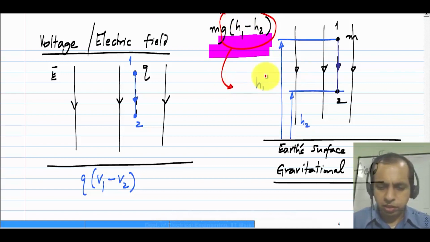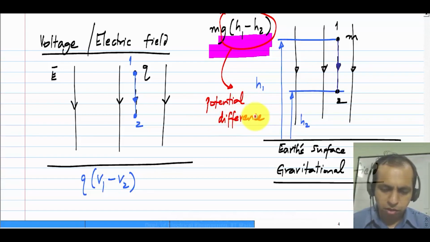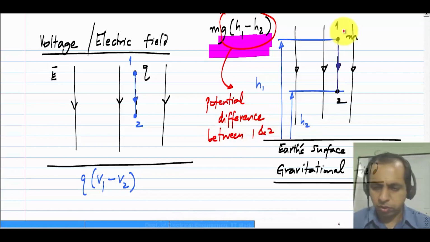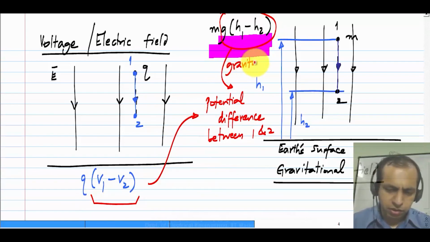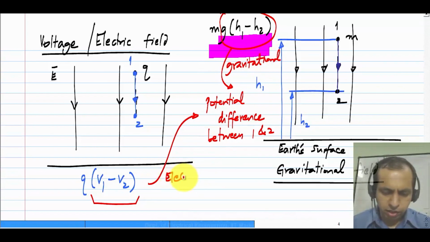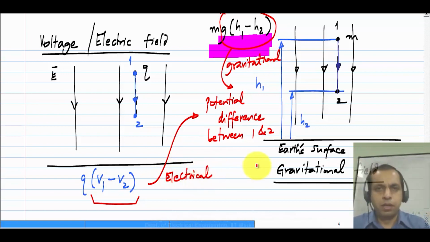This is basically the potential difference between 1 and 2. Okay. So in this case, it's the gravitational potential difference. Similarly, this V1 - V2 is also the potential difference between 1 and 2. This is the gravitational potential difference, and this is the electrical potential difference. Okay.